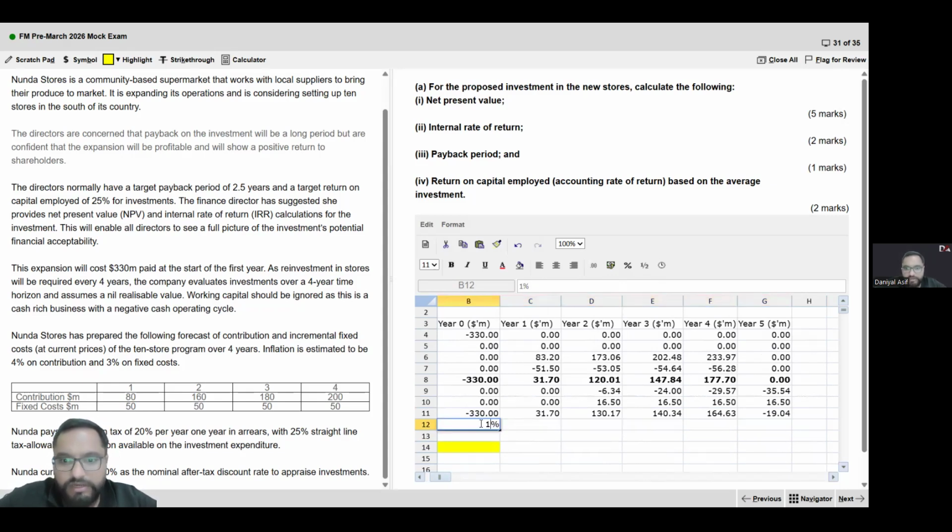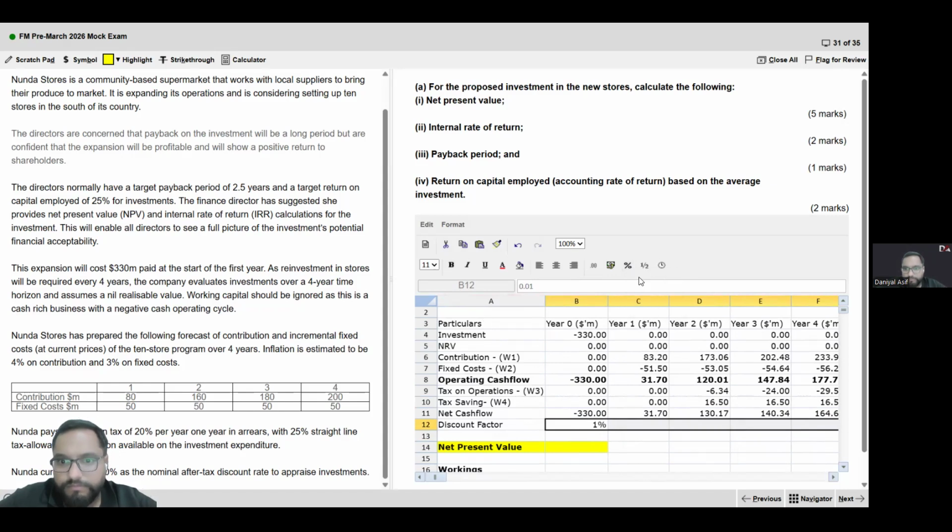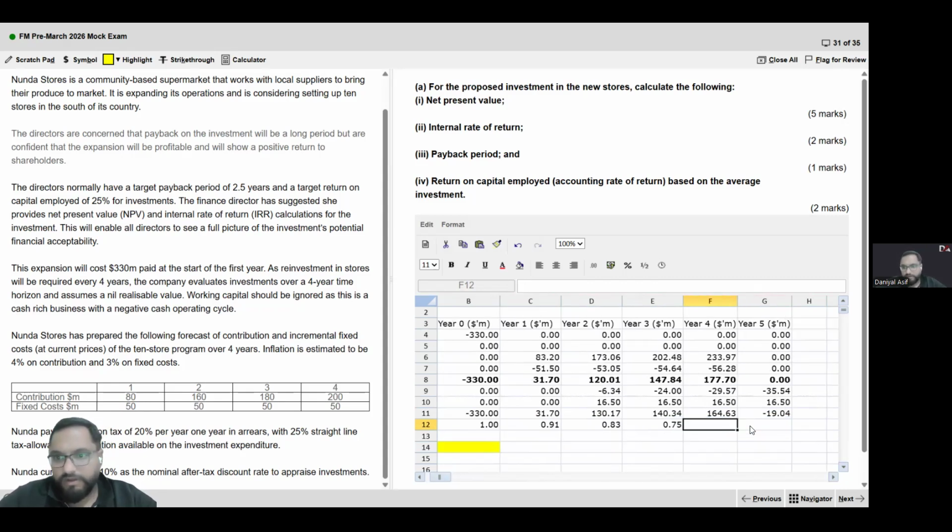Discount factors: 1, 0.909, 0.826, 0.751, 0.683, and 0.621.